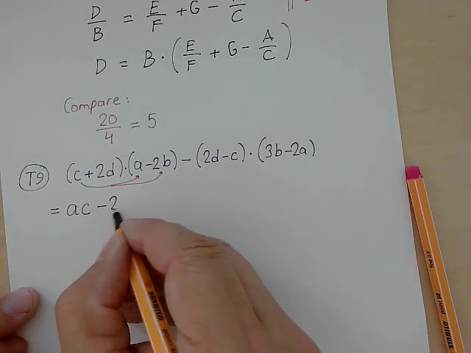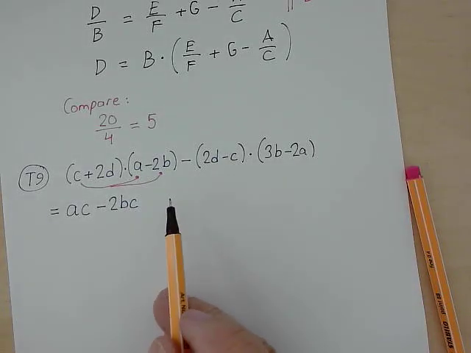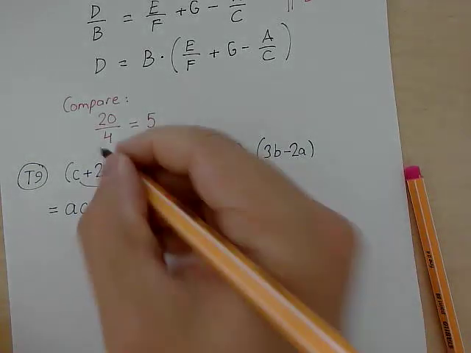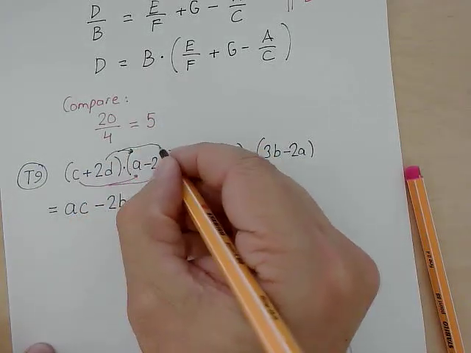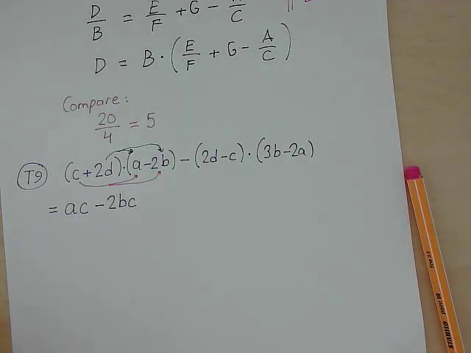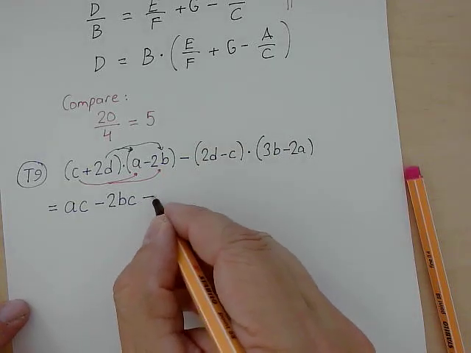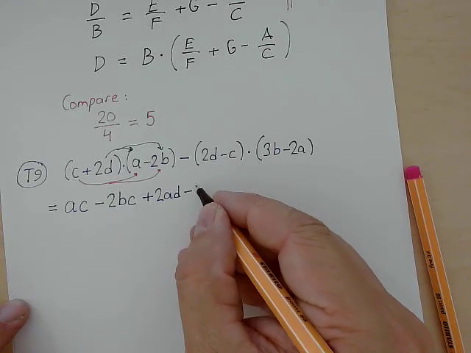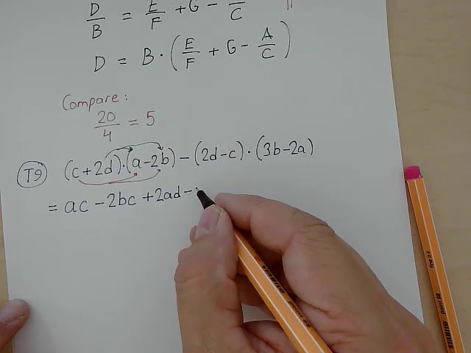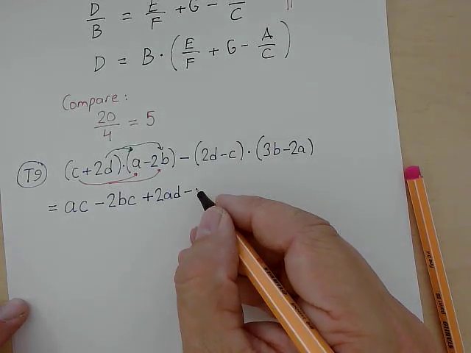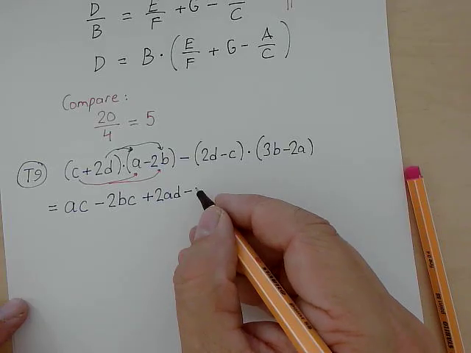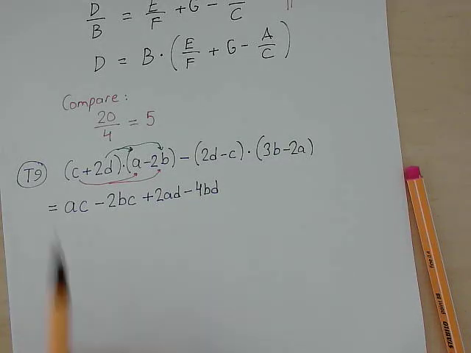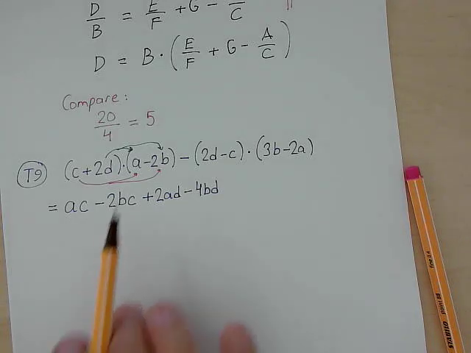So plus 2ad, these ones, let's put some arrows here. Plus 2ad. Minus 4bd. So everyone will be multiplied by everyone.